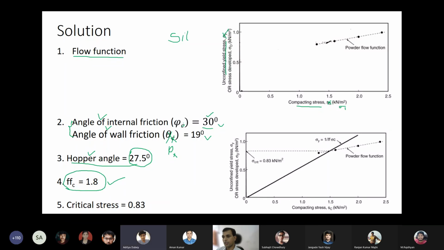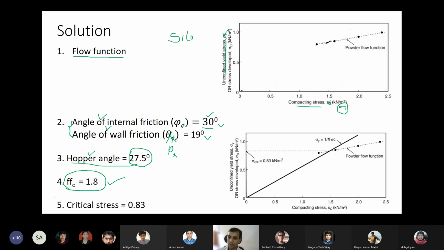This is the general flow function. We don't know what exact sigma 1 we need to take. So that's why we have to use Janssen's empirical charts to find the FFC value based on the internal friction and the wall friction values. Okay, sir. Yeah, thanks.